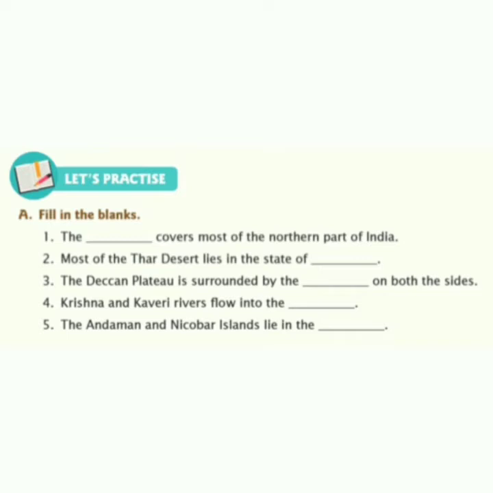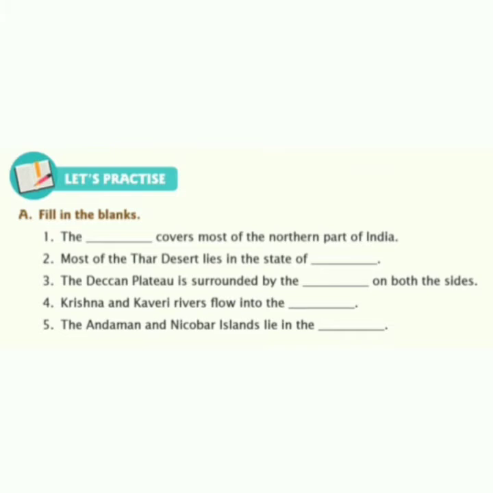Fourth, Krishna and Kaveri rivers flow into the dash. Fifth, the Andaman and Nicobar Islands lie in the dash. So students, do you know the answers? Good. So come on, pause the video and fill in the blanks.